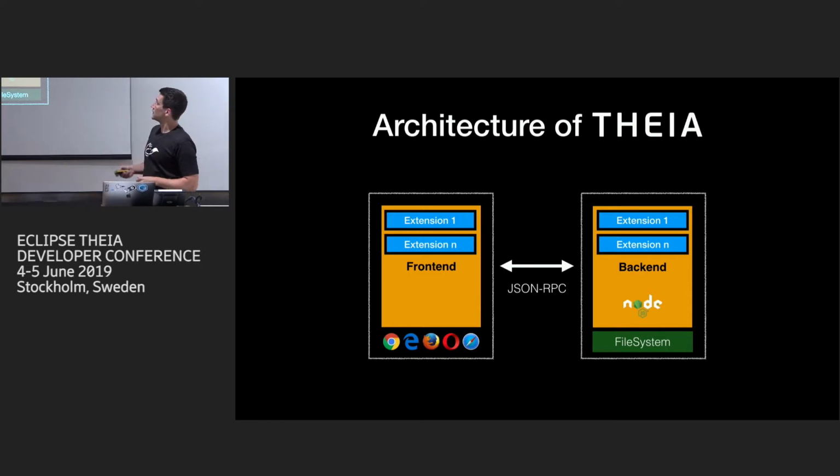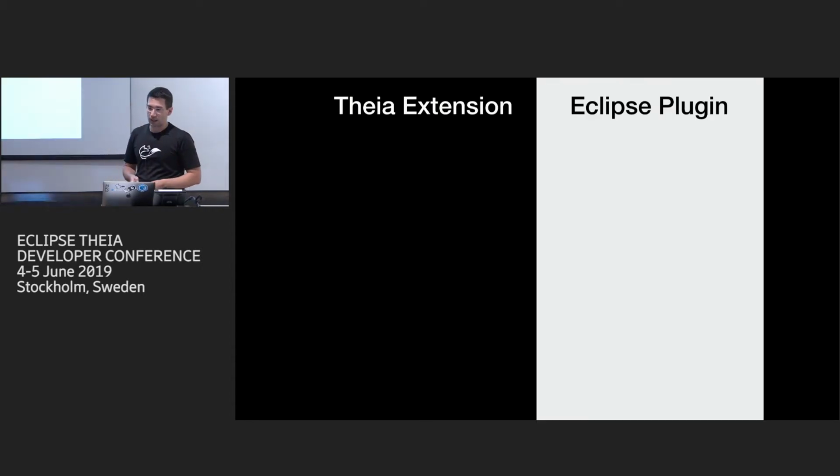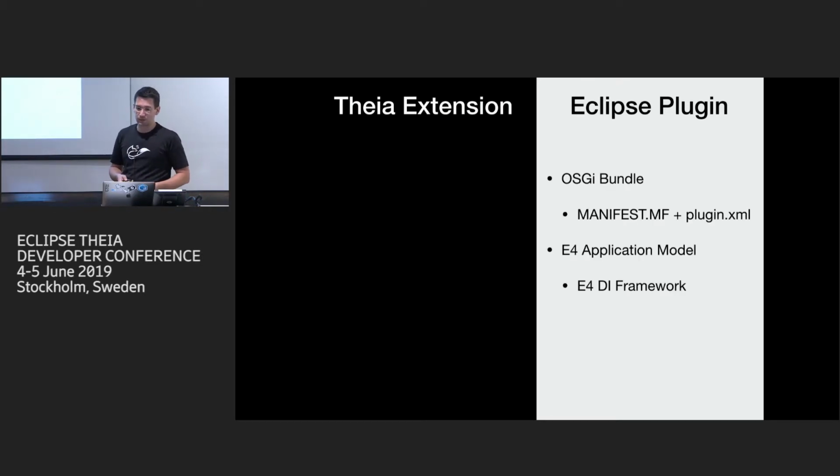Those extensions, as I mentioned, they contribute functionality. Similar to Eclipse plugins. So Eclipse plugins are packaged as OSGi bundles. So they come with manifest.mf and plugin.xml, so two descriptors to specify different things.